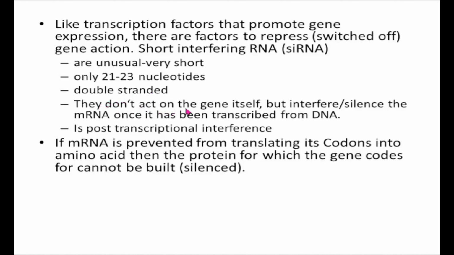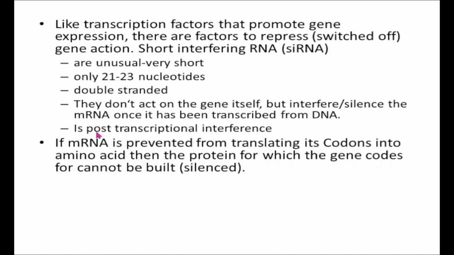They do not act on the gene itself, but interfere with or silence the mRNA once it has been transcribed from DNA. Their action is not on the gene; it happens after the transcription is made. This is post-transcriptional interference, because it happens after the transcription process.